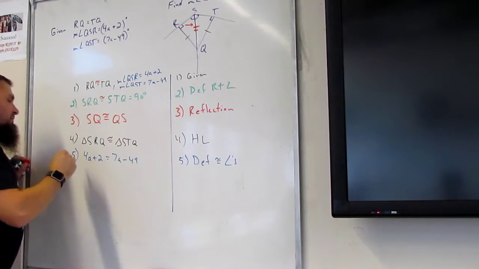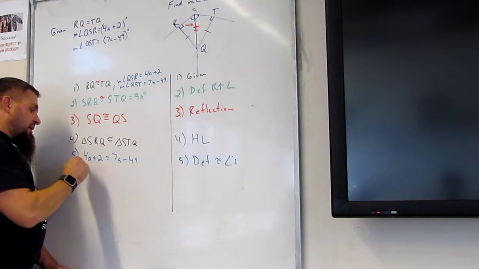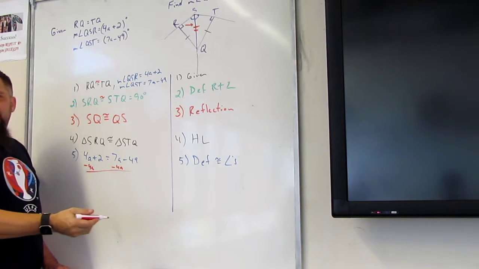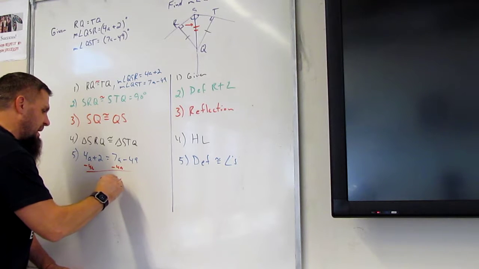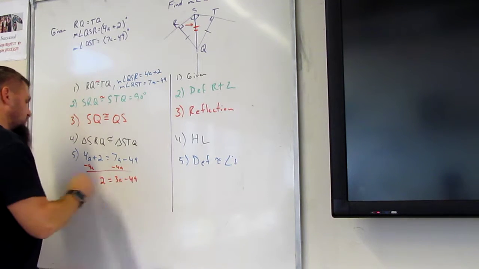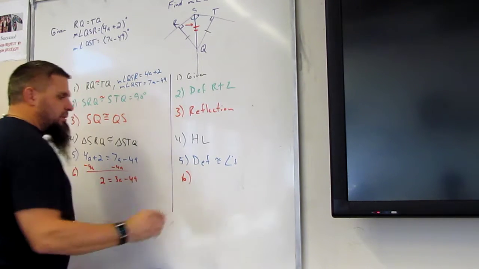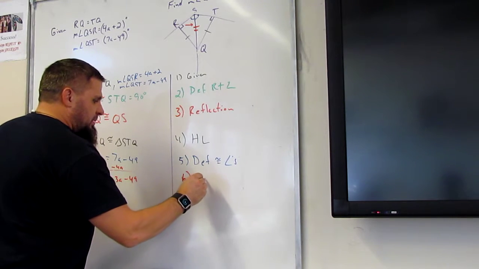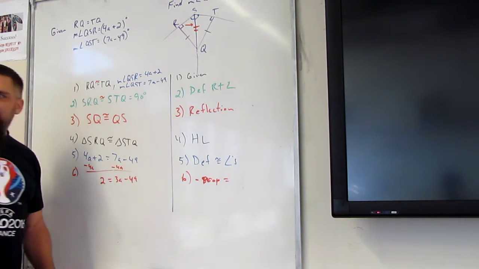Alright? So now we start doing the problem. Right? And so I'm going to minus 4A, minus 4A. And so what did I do to both sides? I have 2 is equal to 3A minus 49. What's that called? Come on guys, subtraction property of equality.